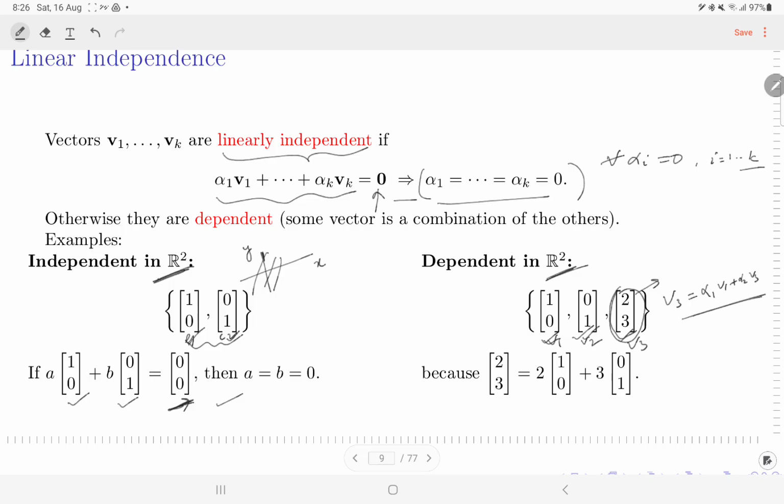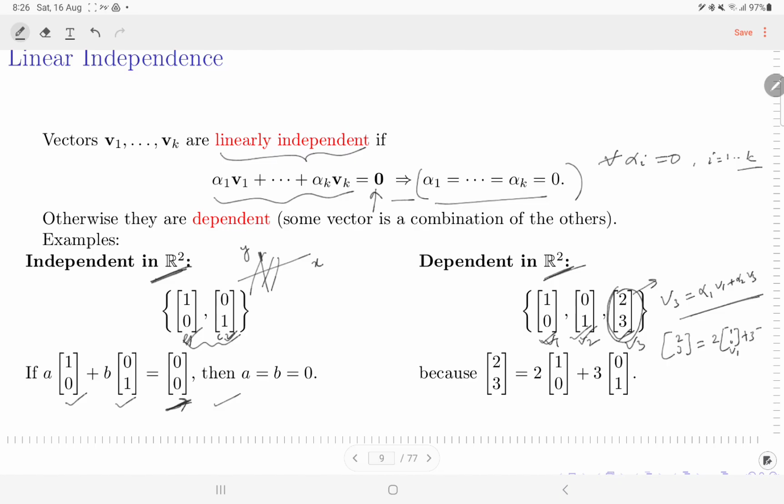Just solve this, as I have given you in the previous example: v3, that means (2,3), can be written as 2 times (1,0), which is v1, and 3 times (0,1), which is v2. So this is actually a linear combination of the other two. That means this vector is dependent on the others, so this is not a linearly independent set.